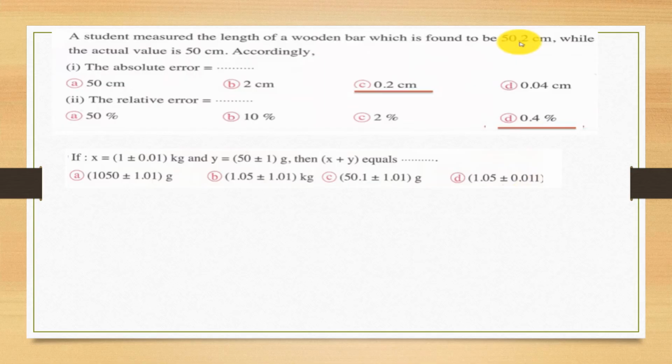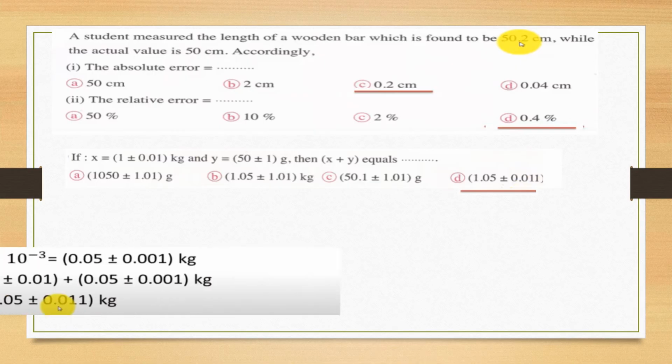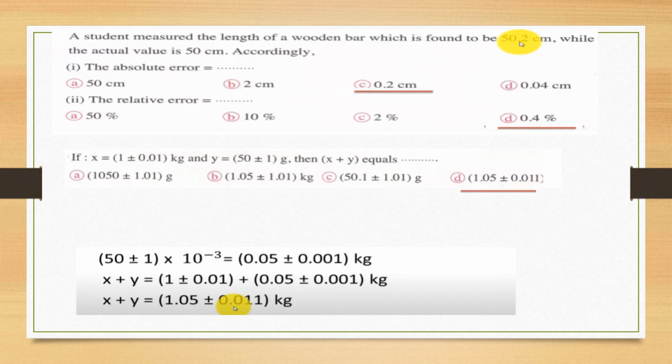You can see kilogram and gram, so you must change 15 plus or minus 1 to kilograms. Then after that you can find the answer. Now the answer is 1.05 plus or minus 0.011 kilogram. And you can see these are the details of the answer.